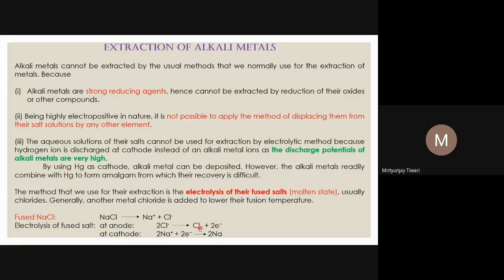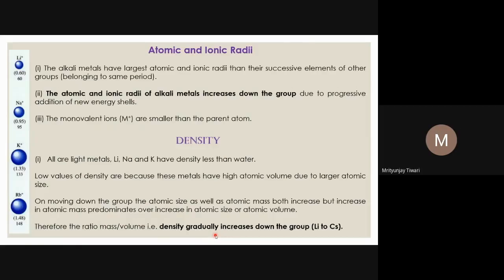So chloride will lose its electron. Since Cl2 is formed, two chlorides will lose two electrons to form Cl2, and these two electrons will be used up by two sodium ions at the cathode to form two neutral sodium atoms, which will be deposited at the cathode. This is an example. Similar processes are used for the other alkali metals as well.